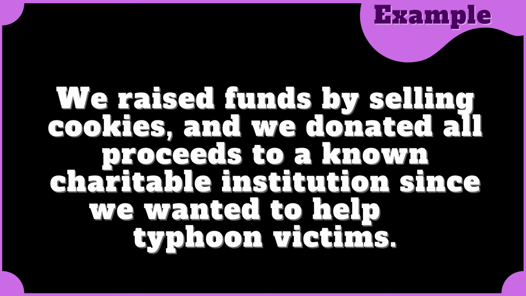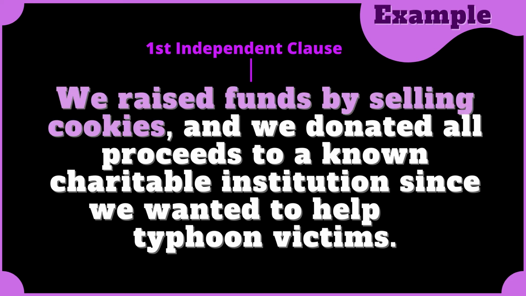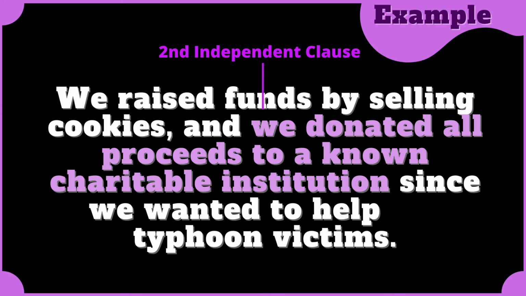We raised funds by selling cookies, and we donated all proceeds to a known charitable institution since we wanted to help the typhoon victims. In this sentence, we raised funds by selling cookies is the first independent clause, while we donated all proceeds to a known charitable institution is the second one.